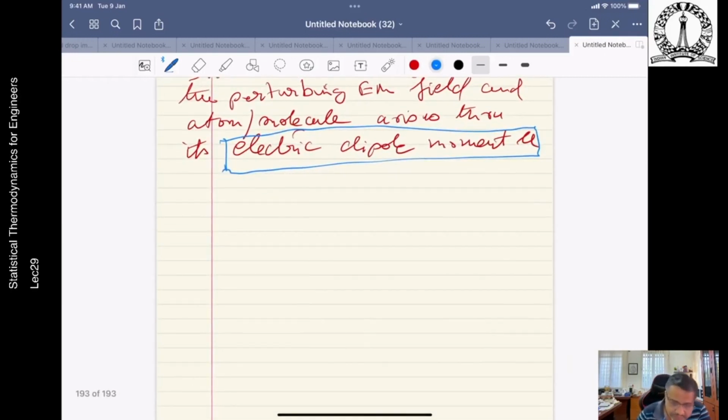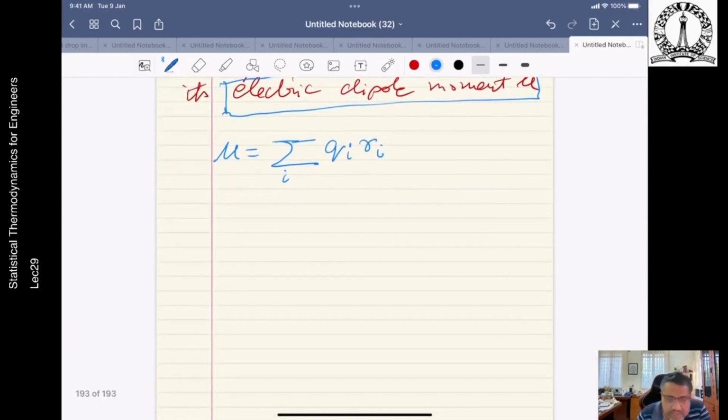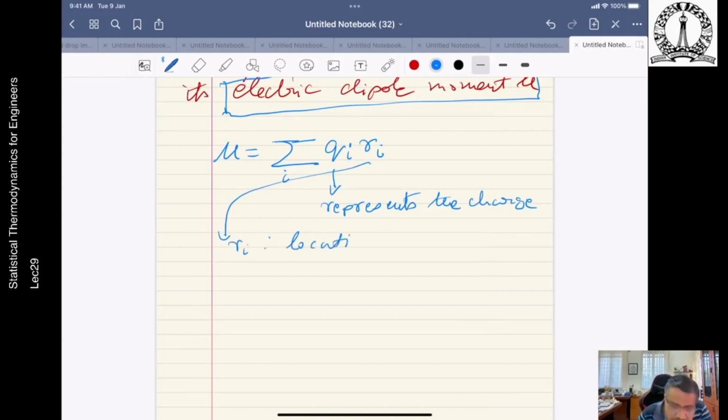So in other words, mu will be equal to the summation of Qi Ri. What does Qi actually mean? Qi represents the charge, and Ri represents the location for each proton or electron.